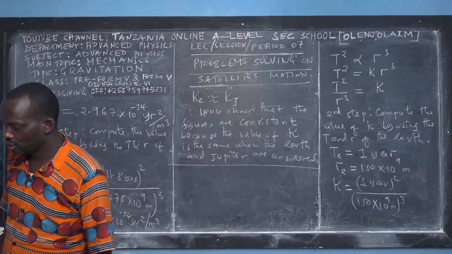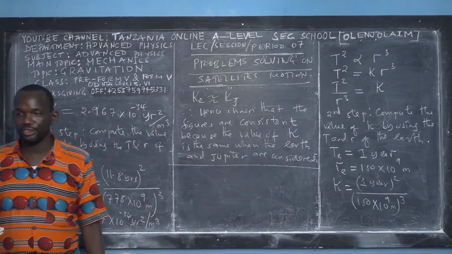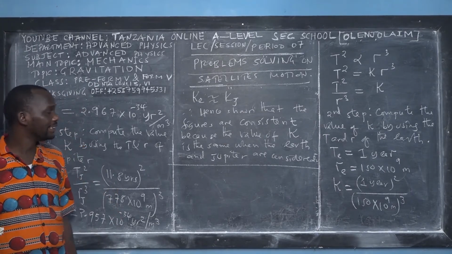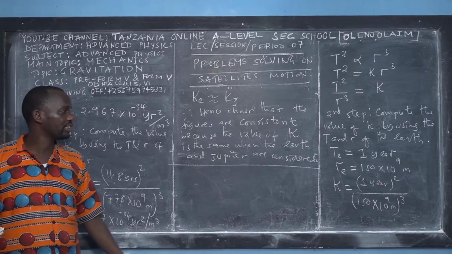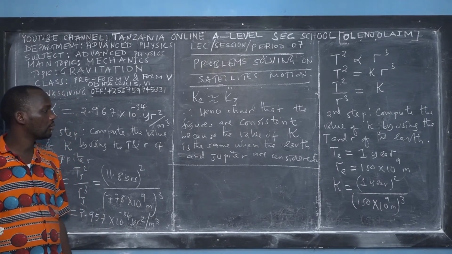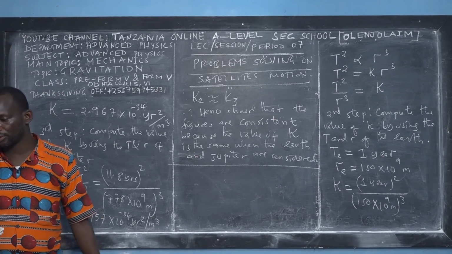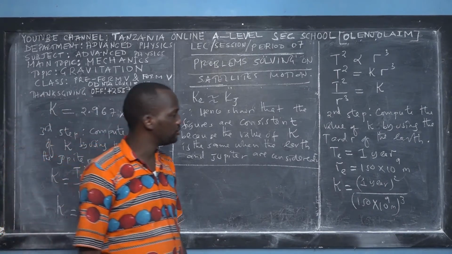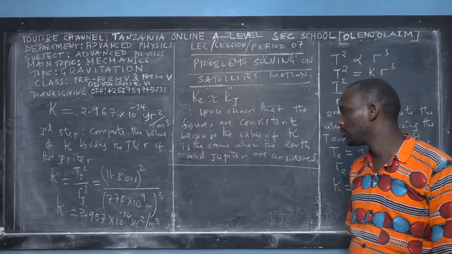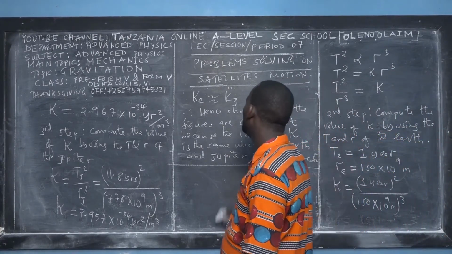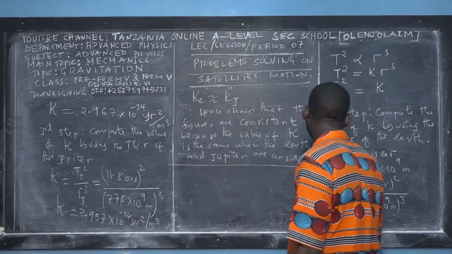Because the value of the proportionality constant is the same in both planets, the Earth and Jupiter, you say that the figures are consistent. It means they are consistent according to the law, and then you enjoy your moment because you have managed to solve part A of problem 11.